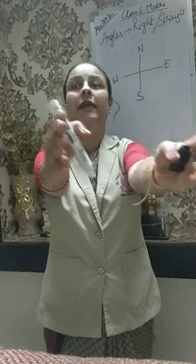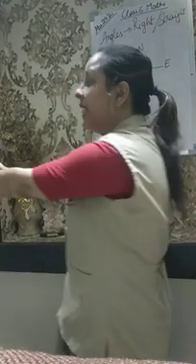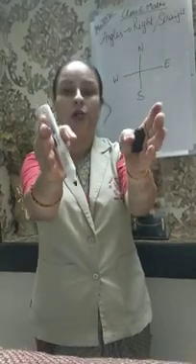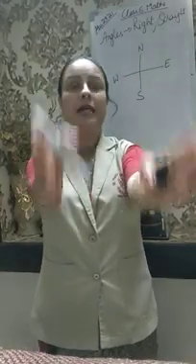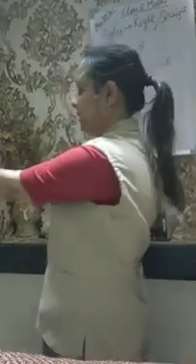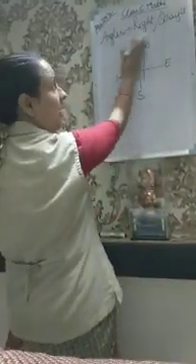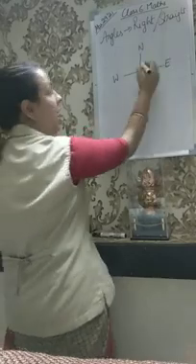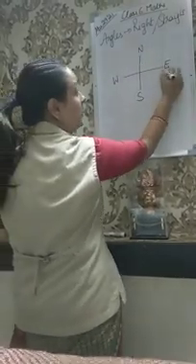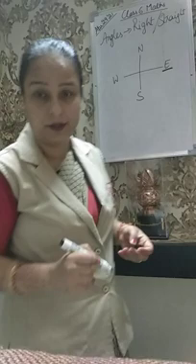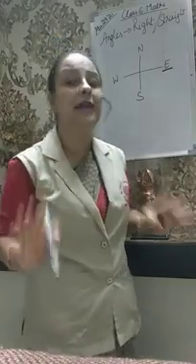So if I turn 90 degrees right from north, then what is happening? From north I am turning 90 degrees right. I am towards the east direction. Fine. What does that mean?